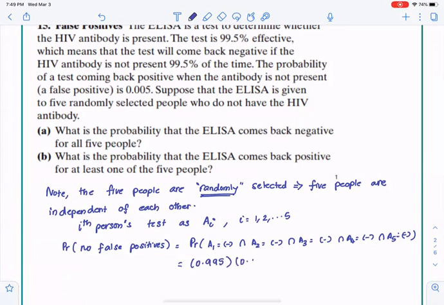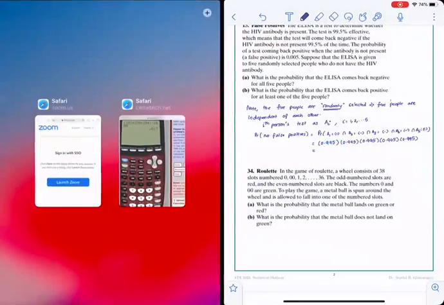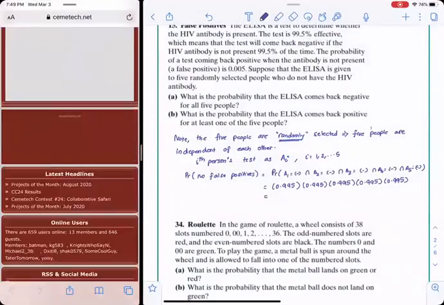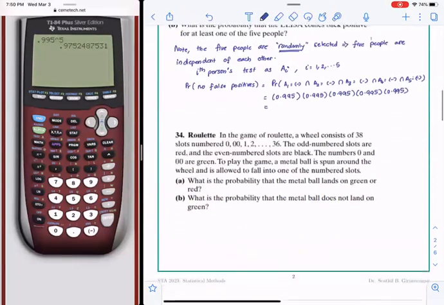So 0.995 for the first person, 0.995 for the second, 0.995 for the third, fourth, and fifth. We simply have to multiply them, and that probability should be 0.97 something.